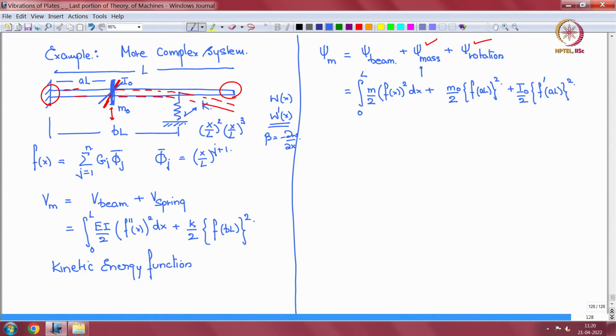Okay, so now what is Kij? We have seen last time the elements can be very nicely obtained.